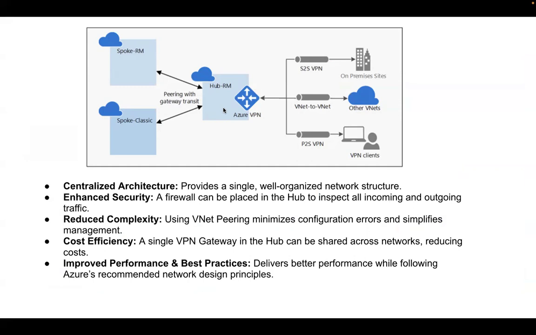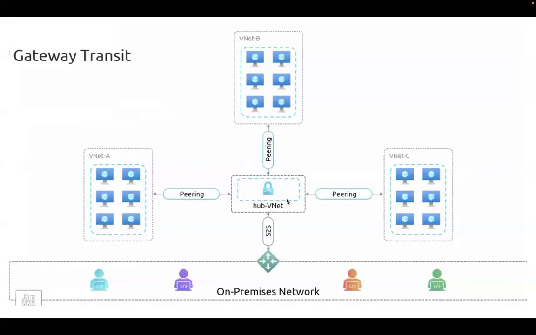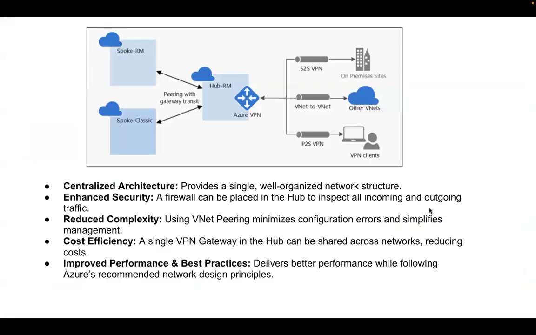So instead of creating a new hub VNet, they are configuring one of the VNets as a hub VNet, and the other two VNets are speaking to this hub VNet.